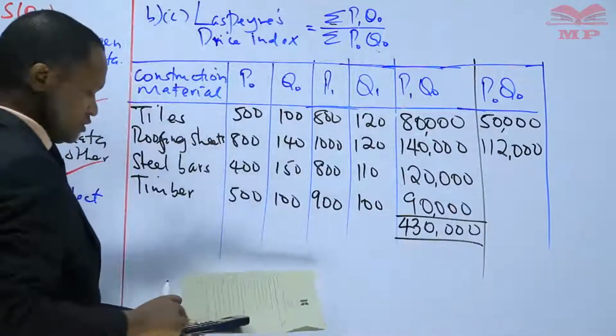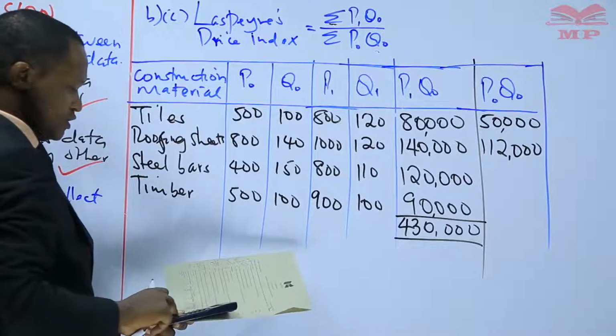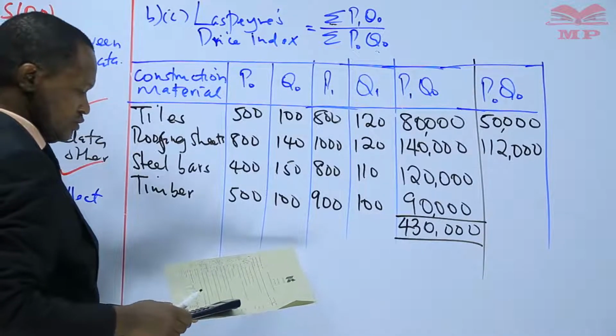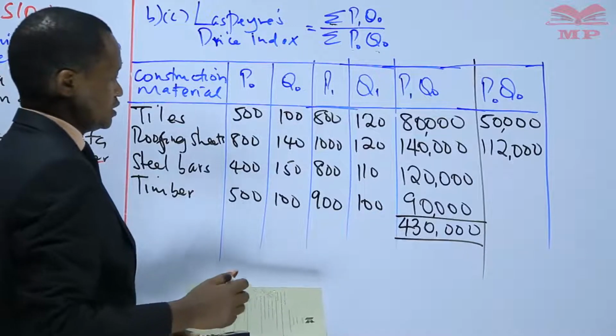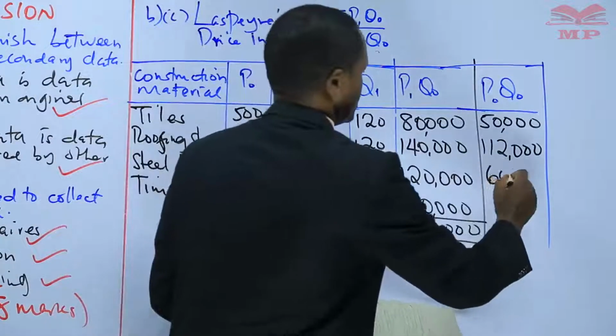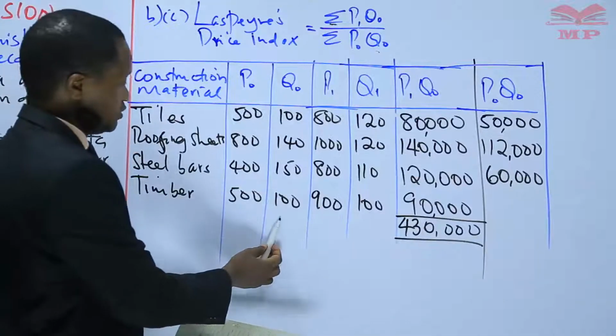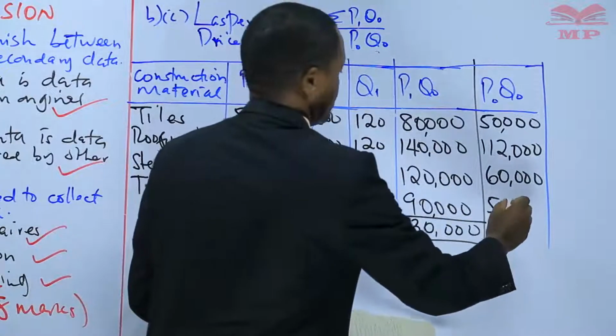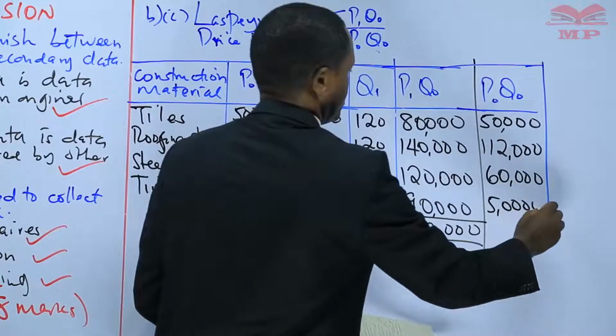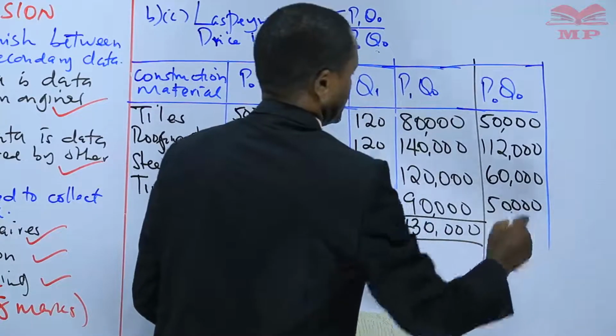Then 15 times 4 is 60, 3 zeros. 500 times 100, 5 and 4 zeros.